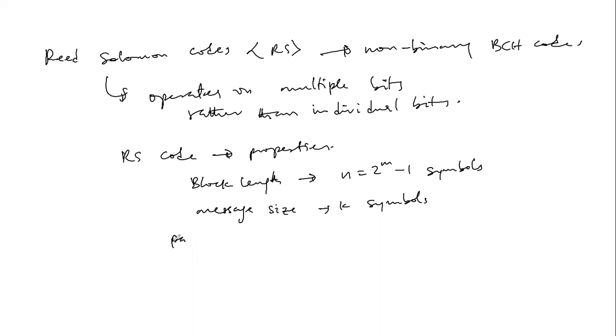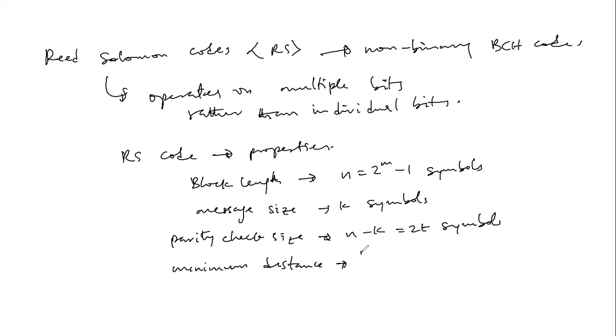Then we have the parity check size of n minus k equal to 2t symbols. And then the minimum distance d_min equal to 2t plus 1 symbols.